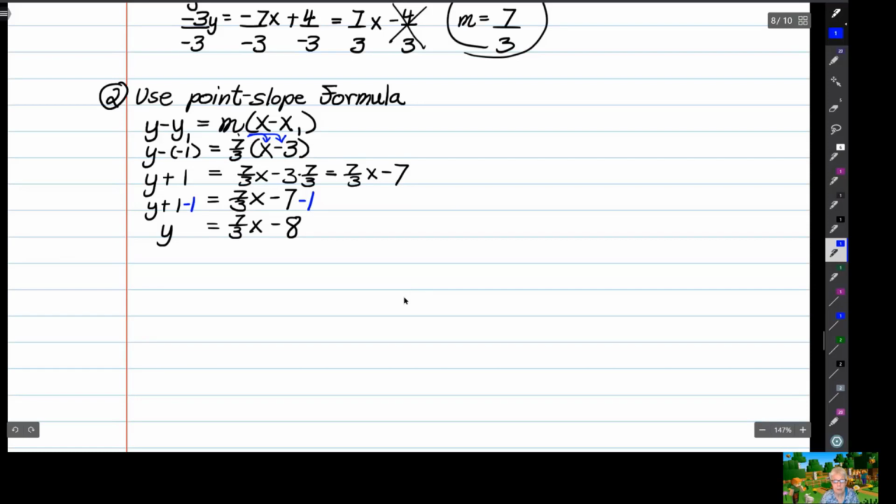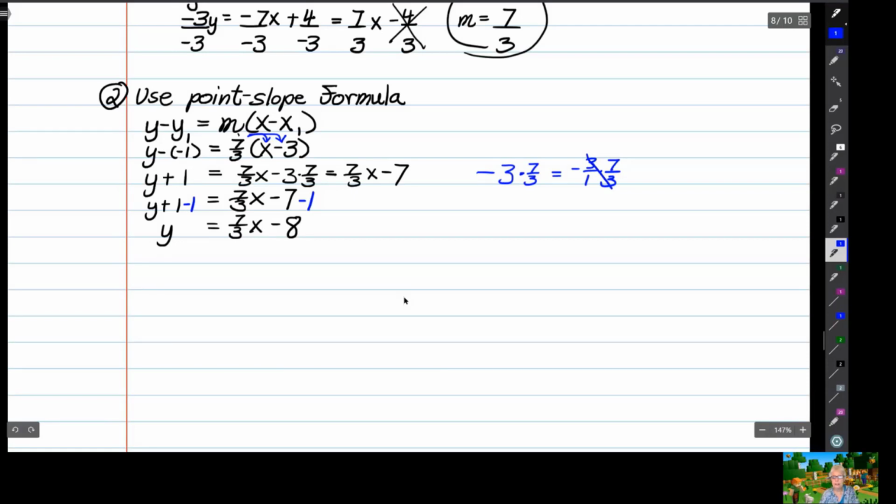Now, how did I come out with that? I'm subtracting 3 and multiplying it by 7/3. That'll be -3 over 1 times 7/3. When you're multiplying fractions, and this number are the same, you get to cancel.